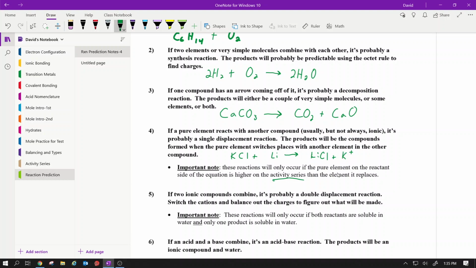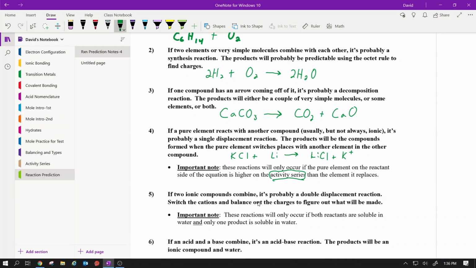All right. Again, only if your individual element is higher on the activity series than the replaceable element. All right. How do you know if it's plus or minus for the K? You have to look at your periodic chart and know how it forms an ion. If you replace the cation, it'll be positive. If you replace the anion, it'll be negative.